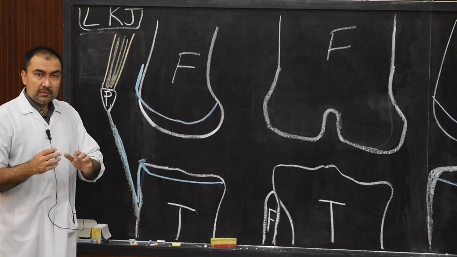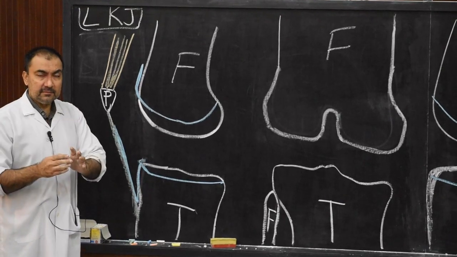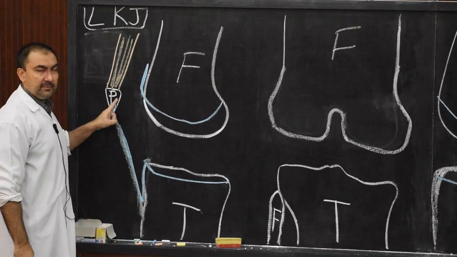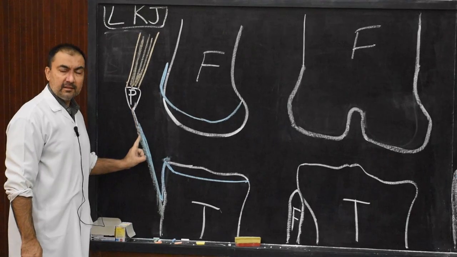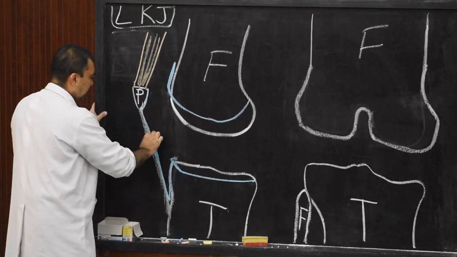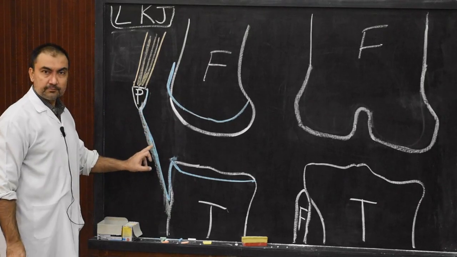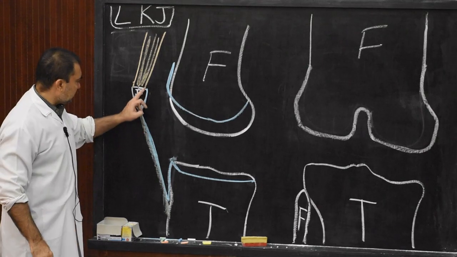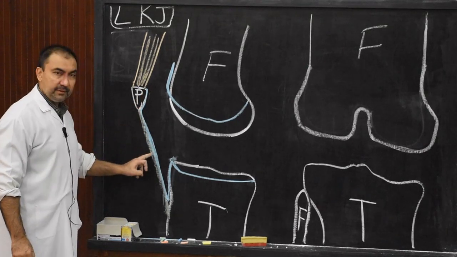Now, in the front, the entire capsule will be attached to the articular margin of patella and ligamentum patelli. Here I am drawing in the front. So, in the front, the capsule is attached on the articular margin of patella as well as ligamentum patelli.